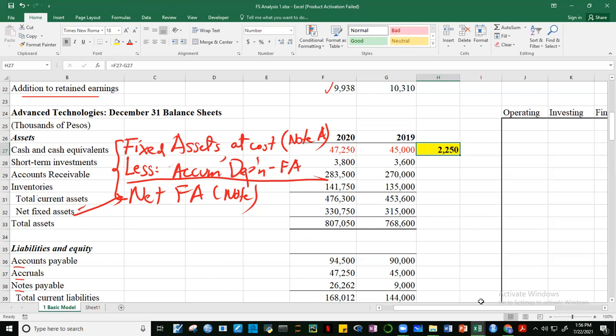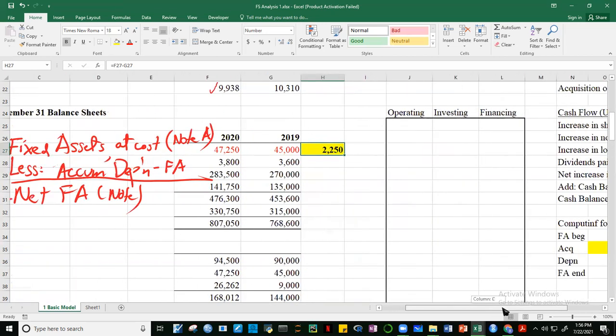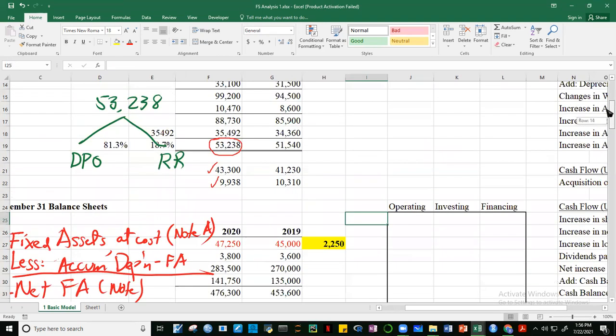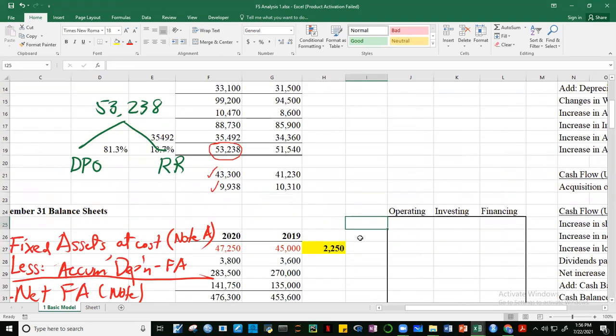So in order to create the statement of cash flows, yung template, kailangan simulan natin, guys, sa first things first, yung results ng operations natin, yung net income after tax. And yung net income after tax will fall under operating. Operating talaga yan, no? It's 53,238. Remember, this is 2020, no? So tinignan natin, ano ba nangyari sa 2020?